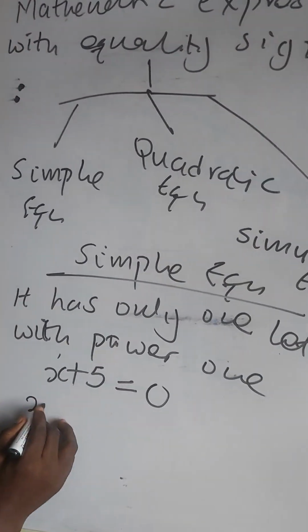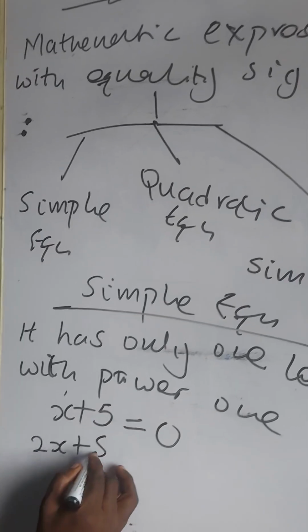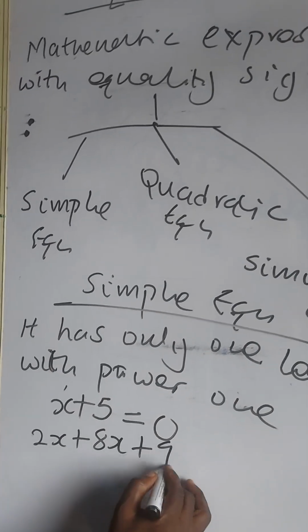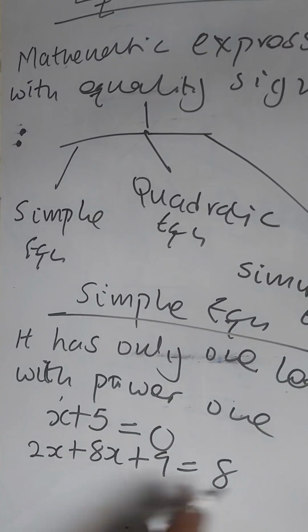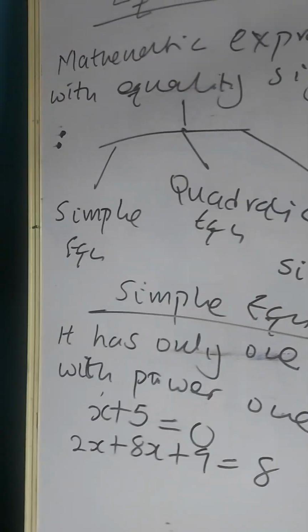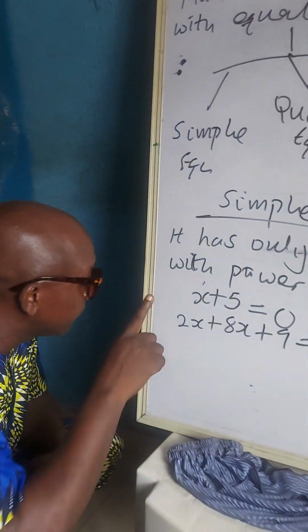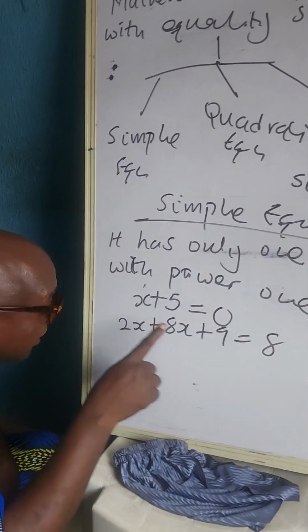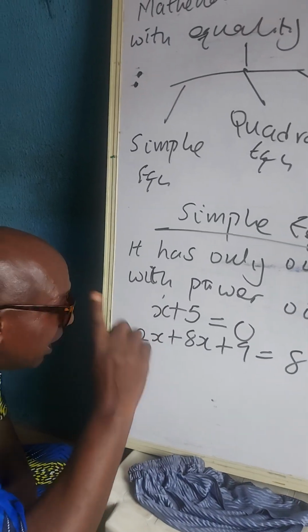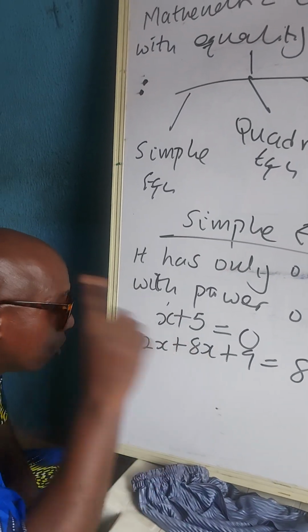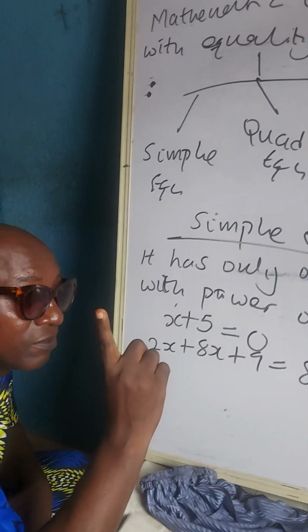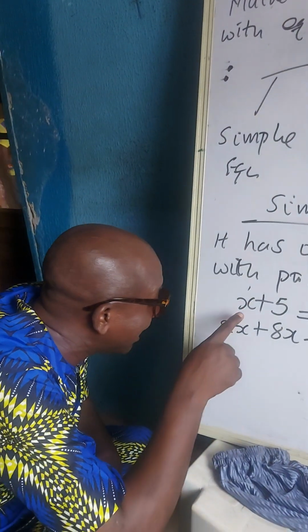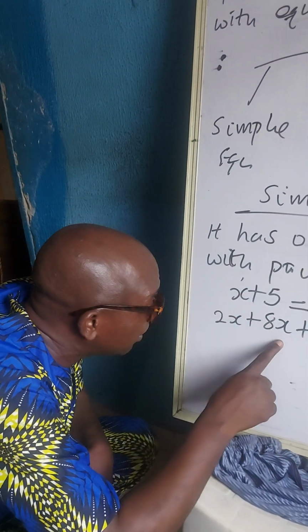Again, 2x plus 8x plus 9 equal to 8. This is also a simple equation. How do I mean? It has only one letter, x. Only one letter, and the power of that letter is 1.